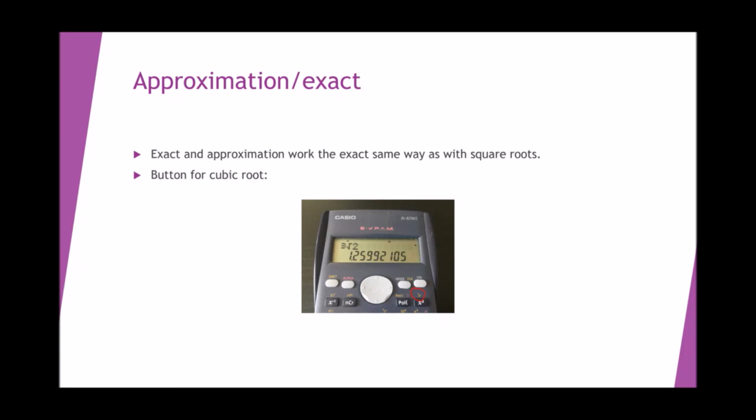So what you're going to have to do is press Shift, and you can just let it go afterwards, it remembers. You press Shift and then you press x to the power of 3, and then you get this cubic root. Of course, this is only the case if you have a Casio, like I do. With a different calculator, you may have to find the option yourself. But anyways, that is all I wanted to say about approximations and exact answers.